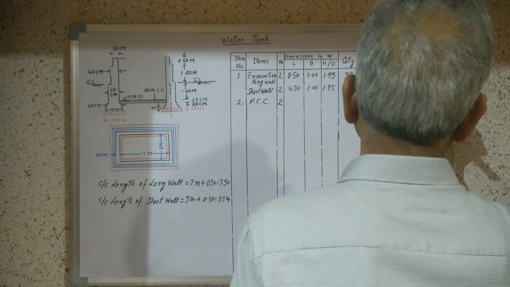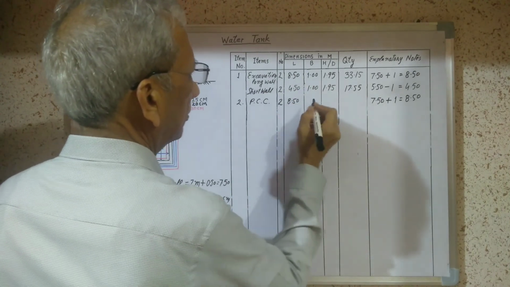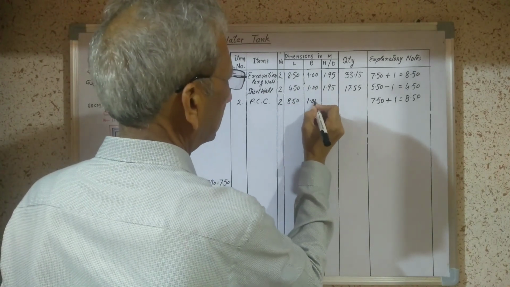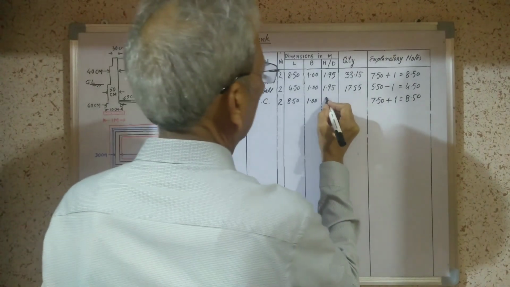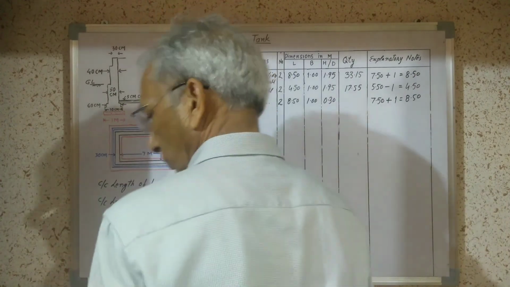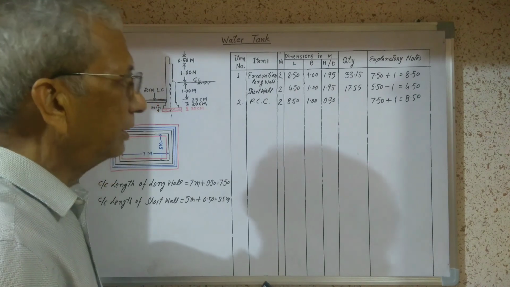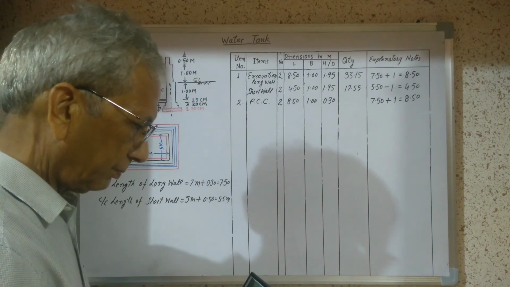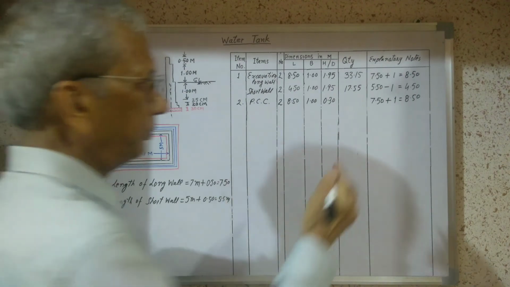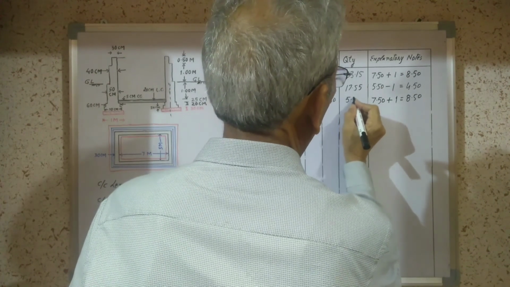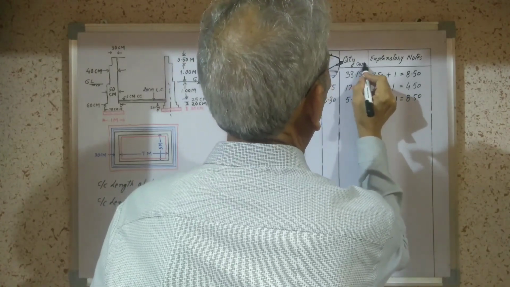It will be 8.5. We will write 8.5 multiply 1 meter width, and height is 30 centimeter, that is 0.3. Very simple calculation. 2 multiply by 8.5 multiply by 0.3. It is 5.1 cubic meter.